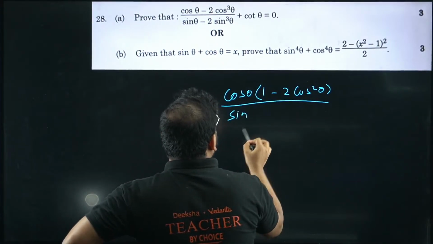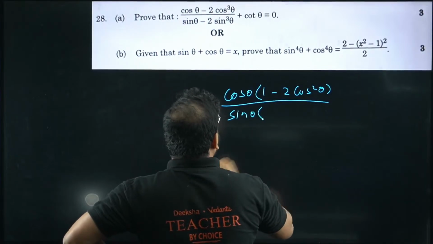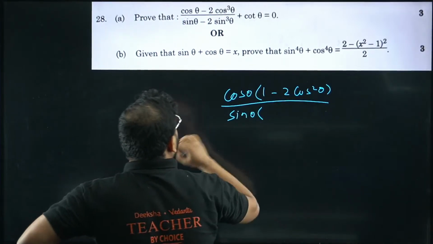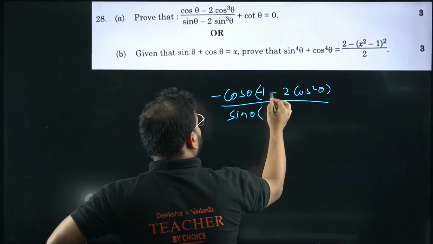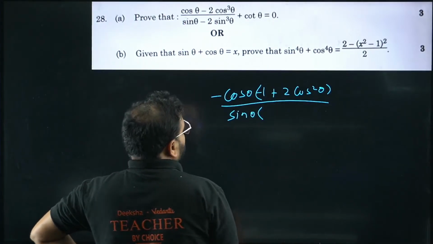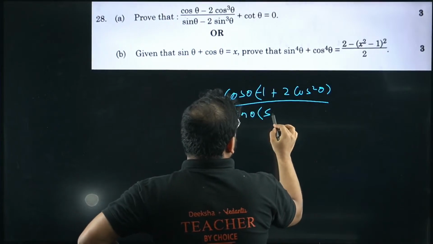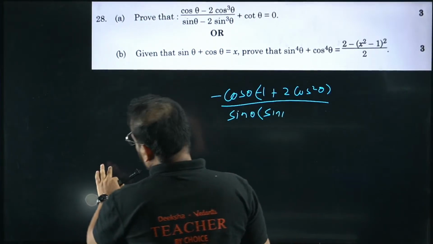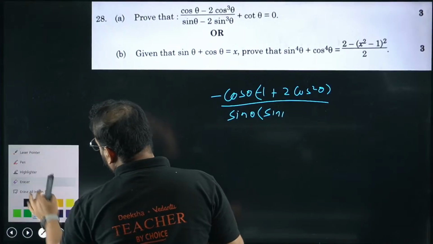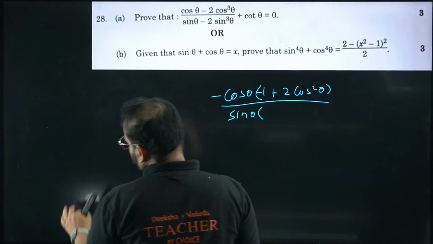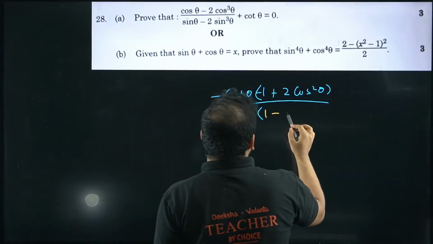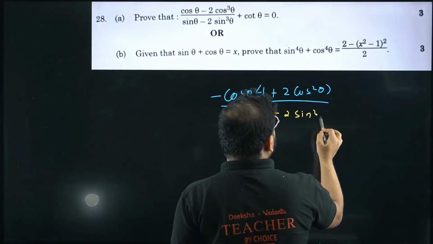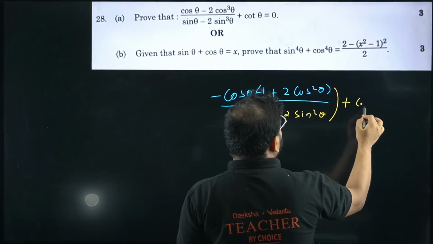Let's do one thing, take minus sign common over here. Minus cos you take common here, so you get here minus 1 and you get here plus 1 plus 2. Okay, and you're gonna get this as sin theta, 1 minus 2 sin square theta, and of course you have plus cot theta.